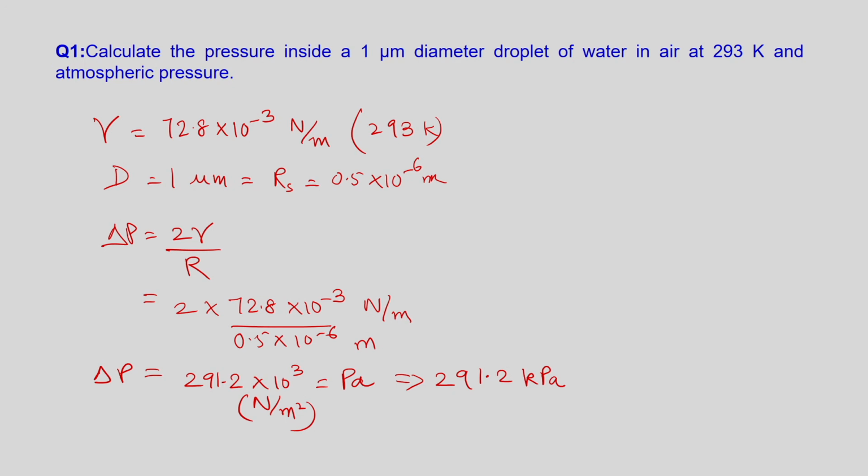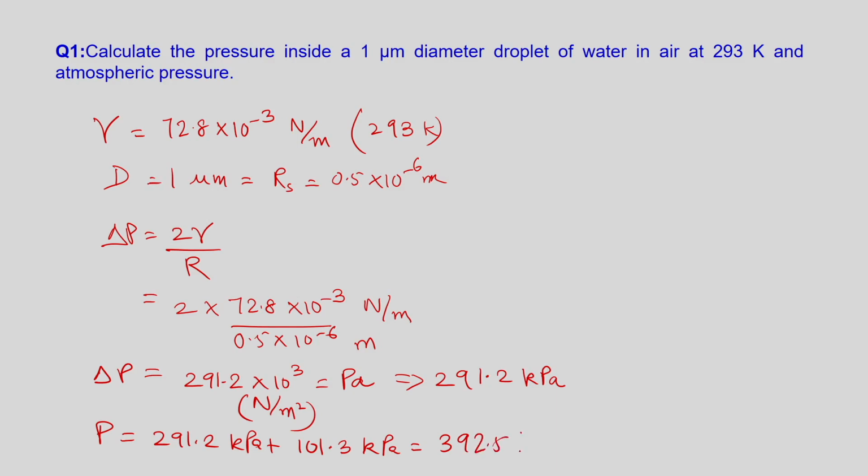So, the pressure inside is the atmospheric pressure plus this pressure difference. So, the total pressure inside the droplet will be 291.2 kilopascal plus the standard atmospheric pressure, 101.3 kilopascal. So, this will be the total, 392.5.